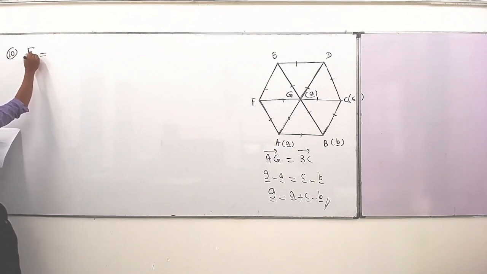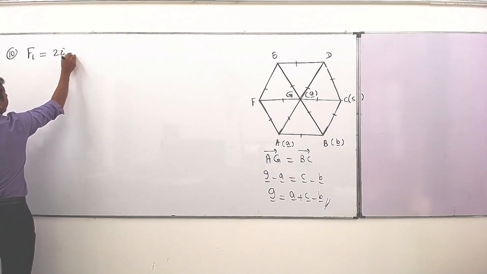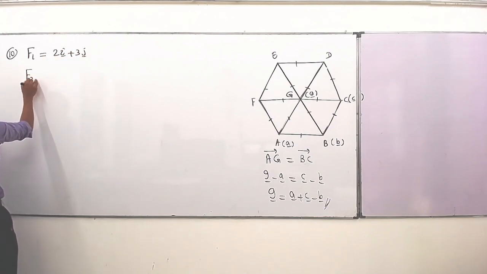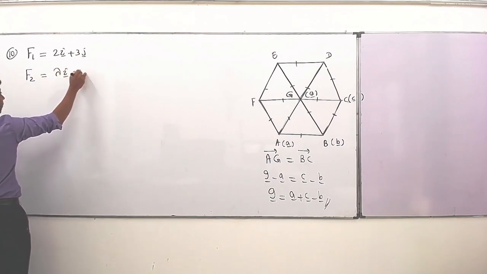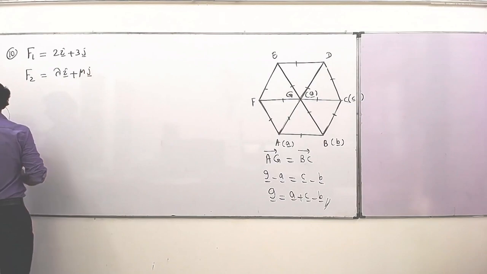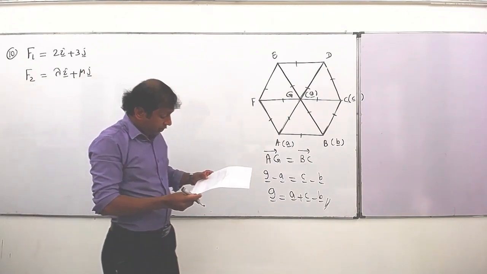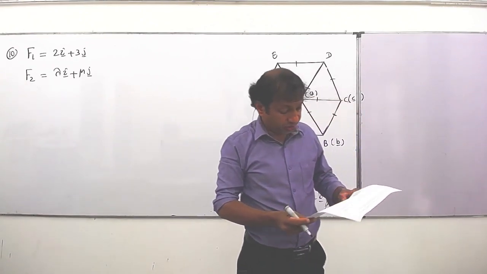F1 was given as 2i plus 3j. F2 is lambda i plus mu j. Act on a particle, lambda and mu are constants. The resultant R of these forces is parallel to the vector i plus 2j.